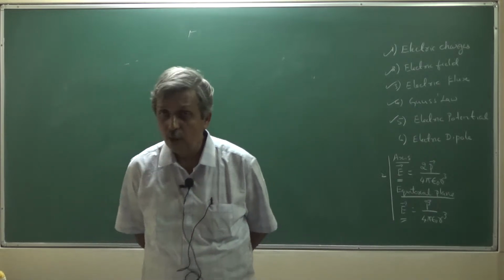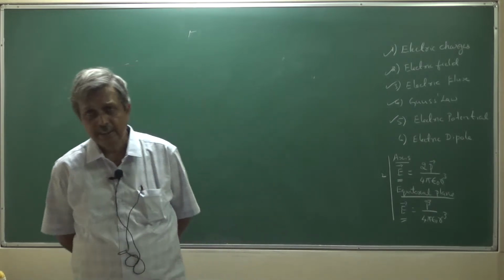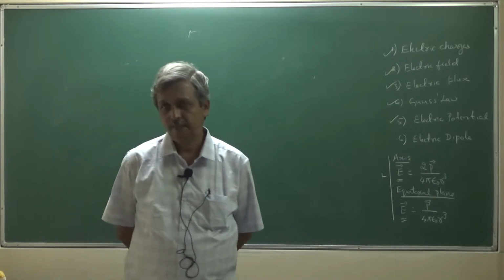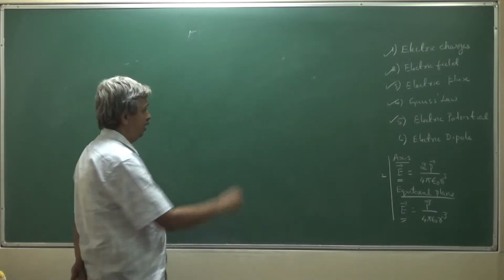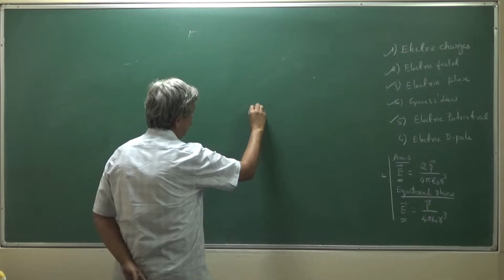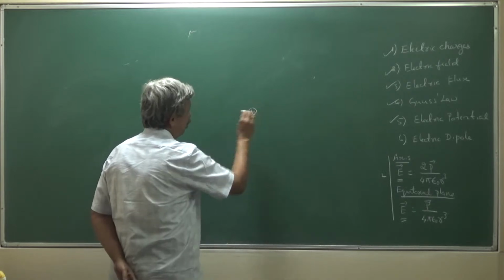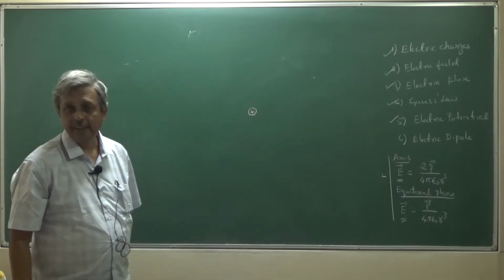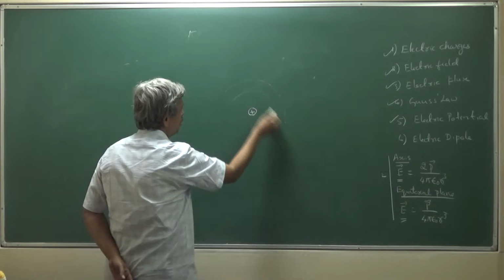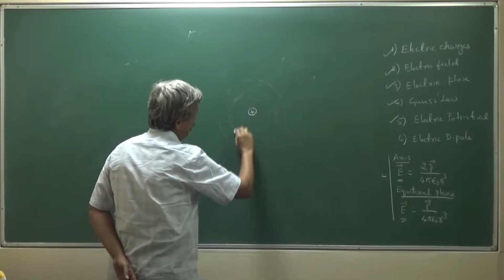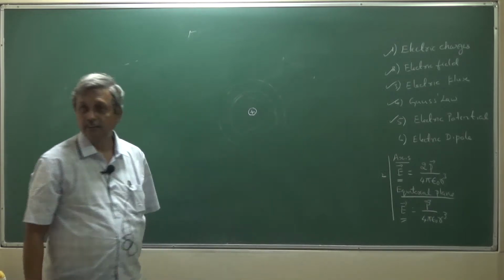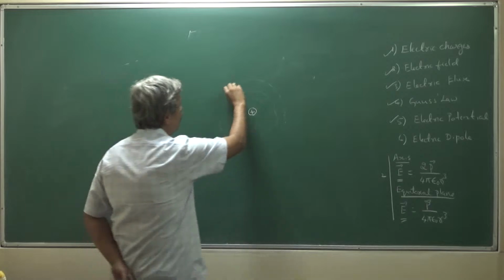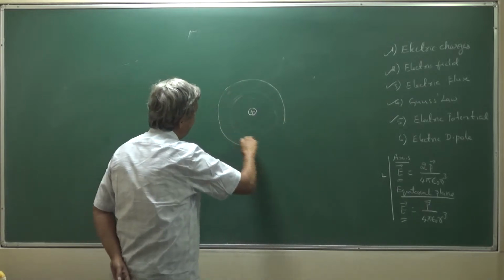Okay. If you take a single atom, the atom basically has a nucleus, which holds all the protons, and around it there is a sea of electrons. Lots of electrons are there, and the whole thing is called an atom.